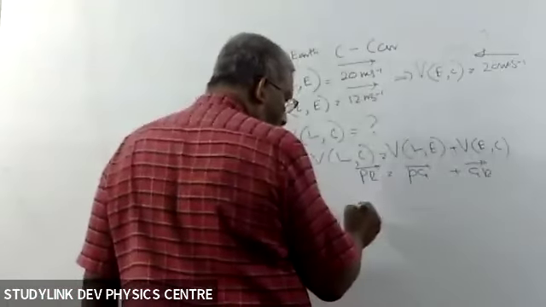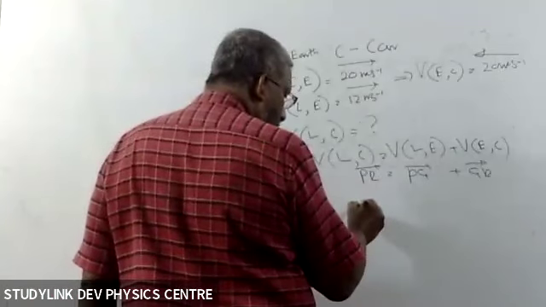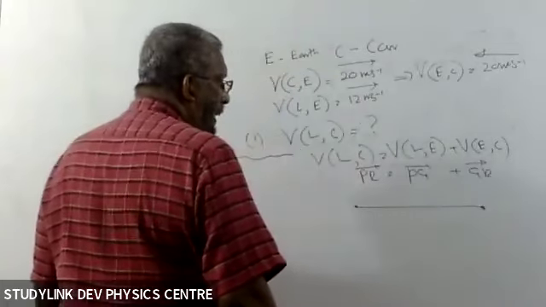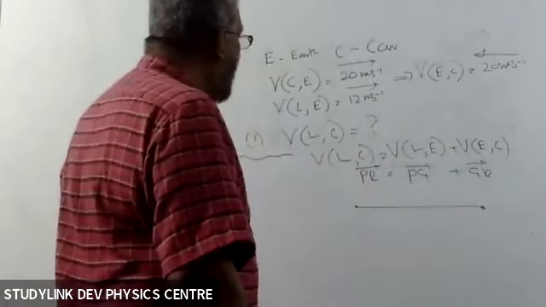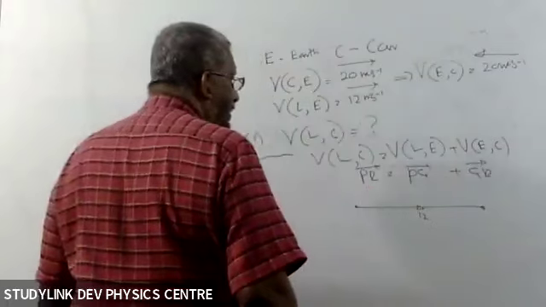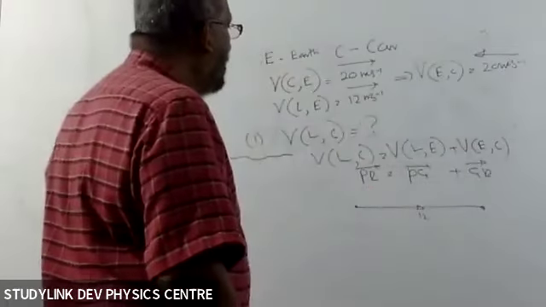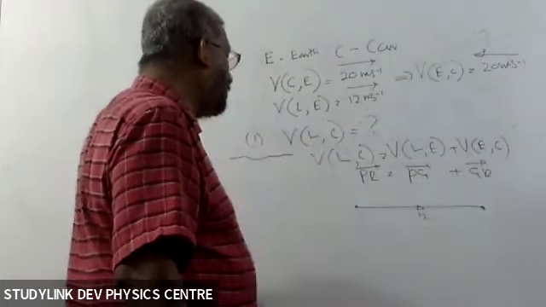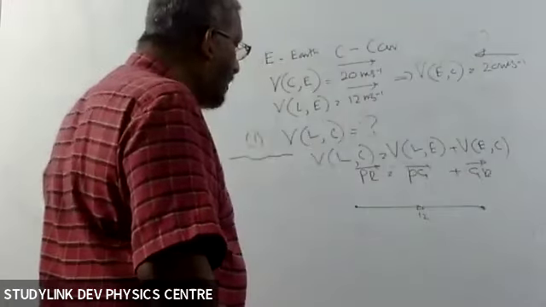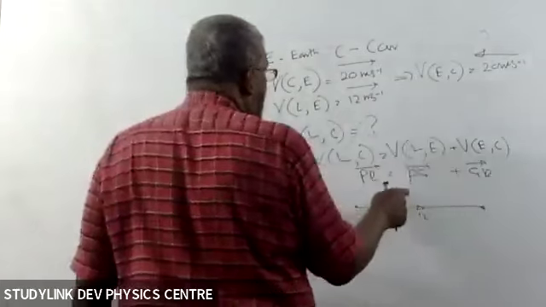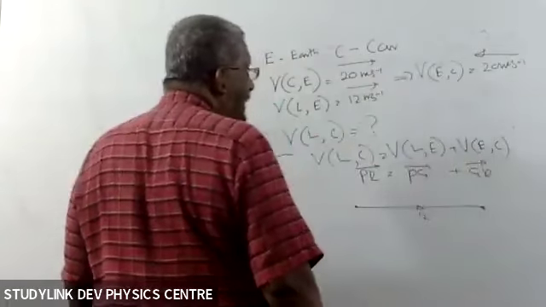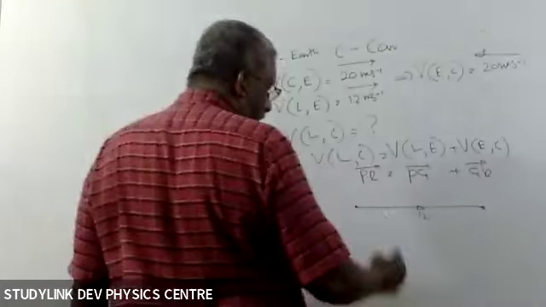Then you consider PQ, from P to Q. The PQ value is VLE, which is 12. Then the car: velocity of the lorry relative to the car. The car is moving in the same direction. First we got VLE, which is 12. Then the other one, EC, is 20 in the opposite direction.